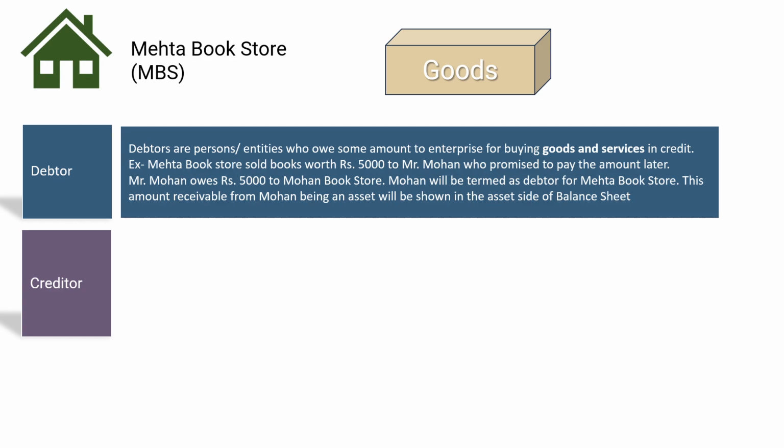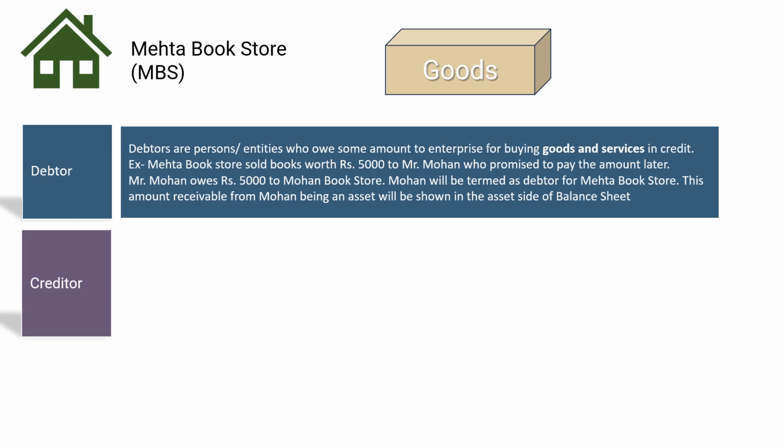I have mentioned a separate example; you can replace my name with Mohan. Debtors are the persons who owe some amount to the enterprise, Mehta bookstore, for buying goods and services on credit. Because I am not having cash, I said I'll give it to you the next day, which is credit. So Mehta bookstore sold goods worth rupees 5,000 to Mr. Mohan, who promised to pay the amount later.